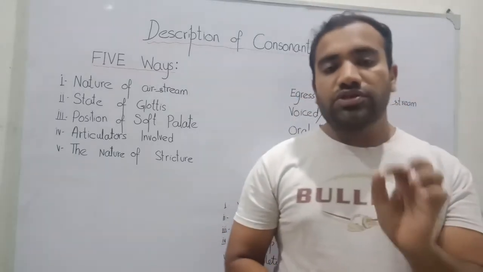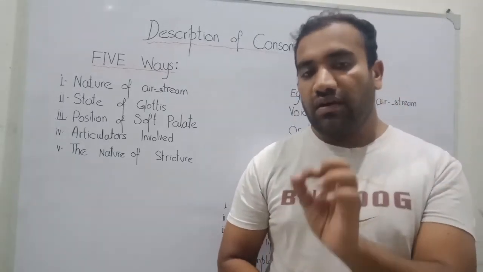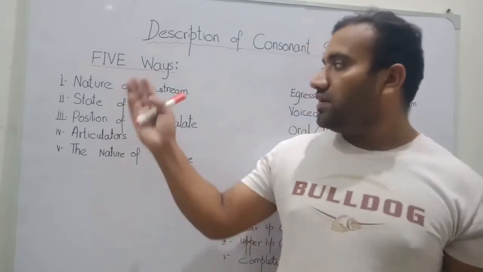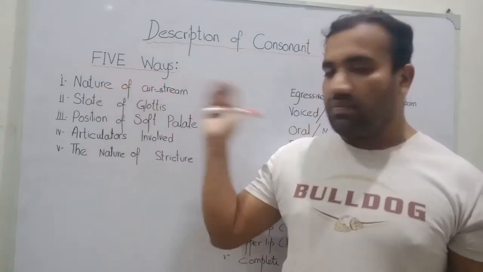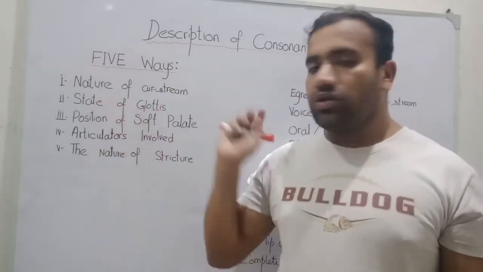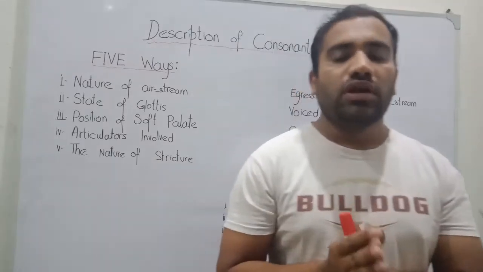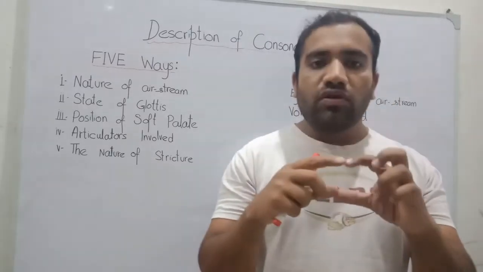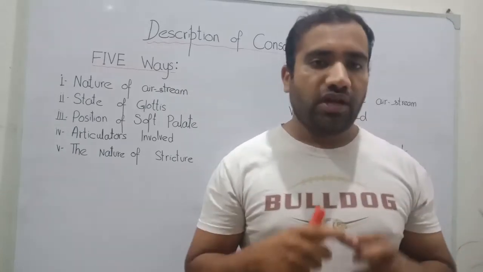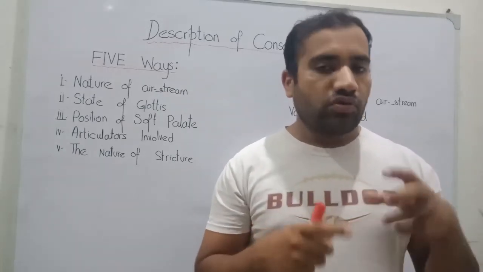When we want to check that this is a consonant sound, it must have the nature of airstream mechanism. The second is the state of glottis. We have the vocal folds.